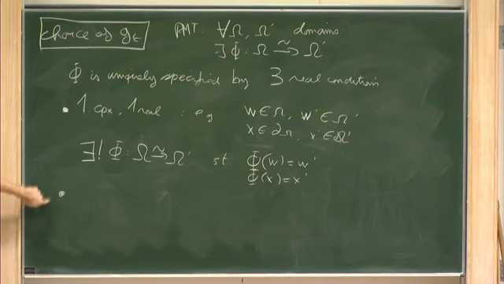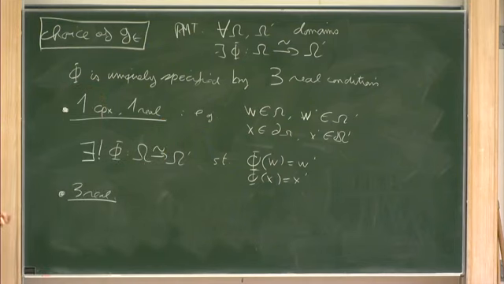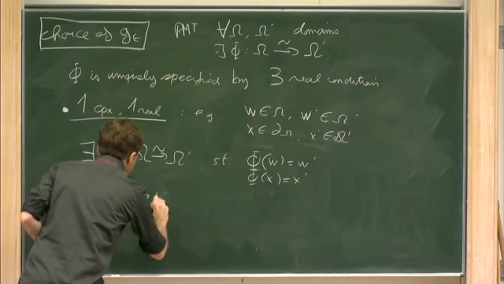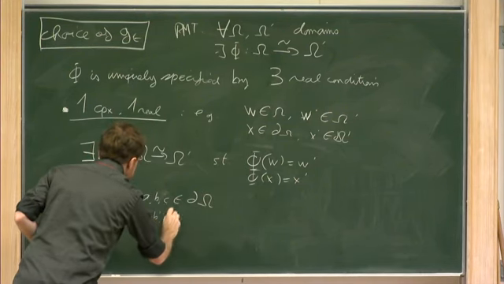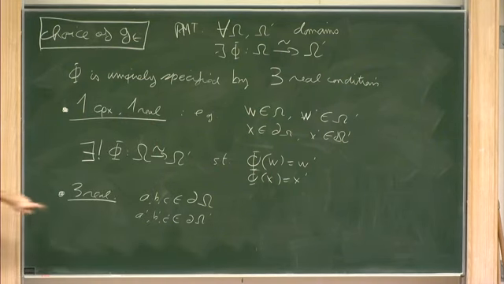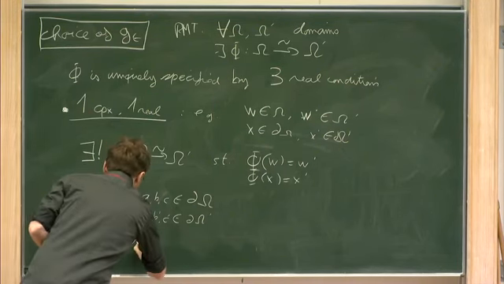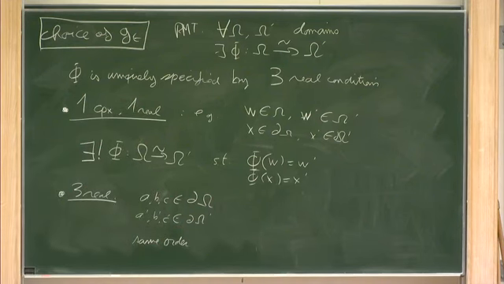And the other thing we can do is to have three real conditions. So typically we will fix 3 points on the boundary, so A, B, C in the boundary of omega, and A prime, B prime, C prime on the boundary of omega prime. And you need to be careful that they are chosen with the same order along the boundary, because you know that the order will be preserved by conformal maps.